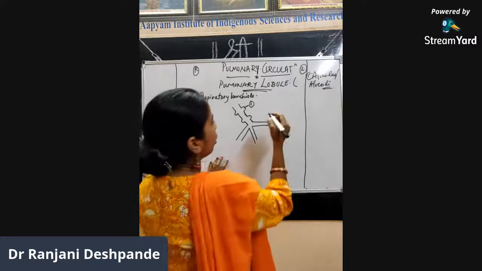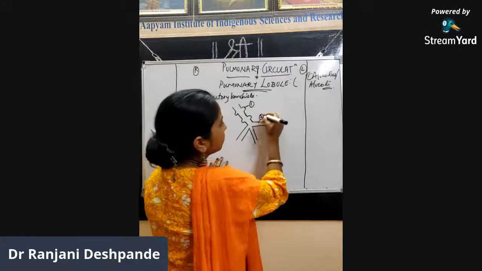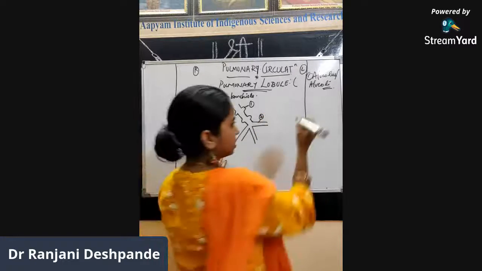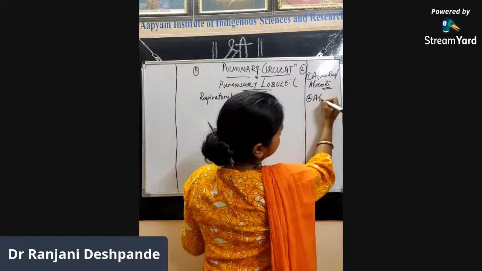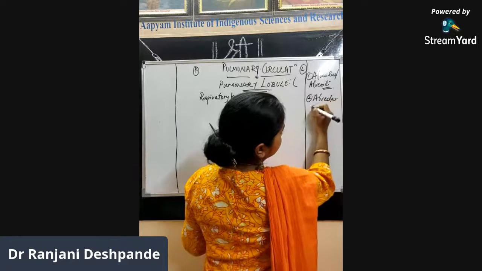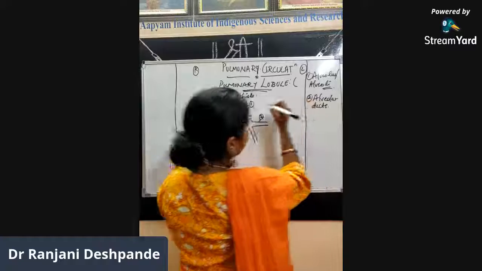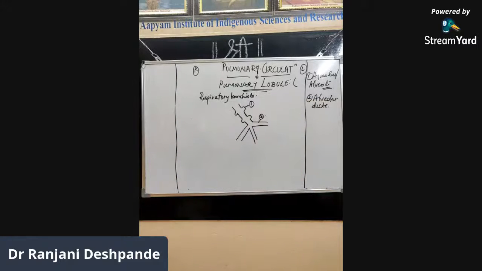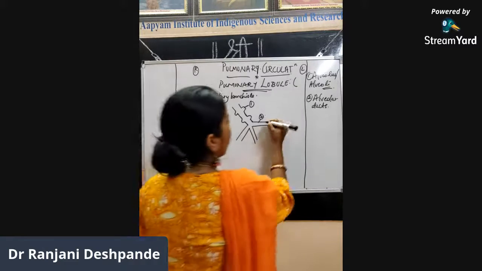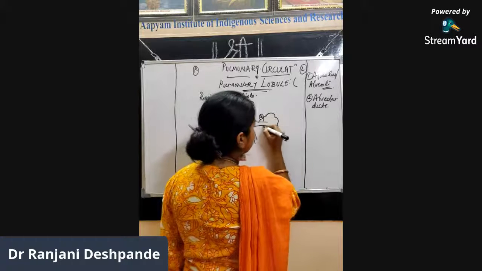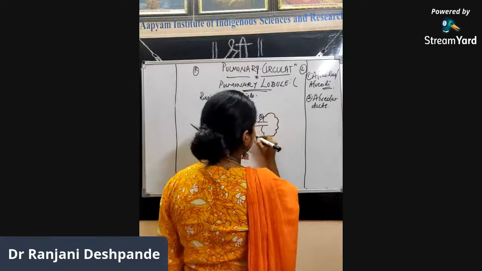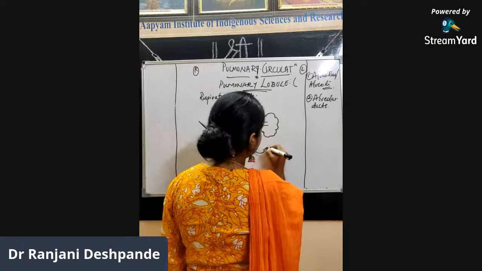So now the respiratory bronchiole is dividing further down into smaller air passages, and these are called alveolar ducts. Now, where will these ducts go into? These ducts will go into the air sacs, the classical structure of alveolar sacs.